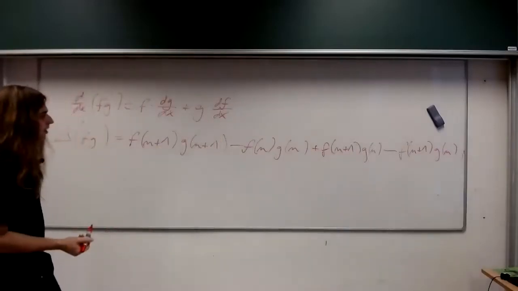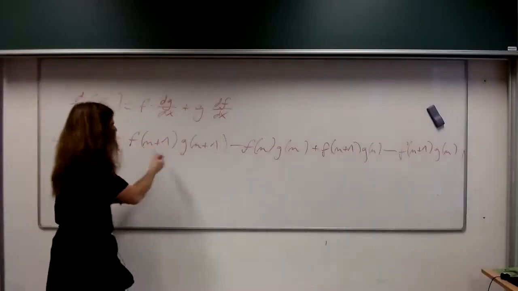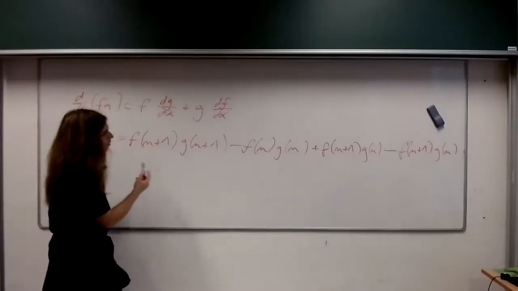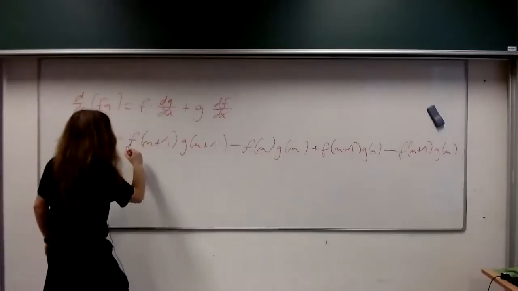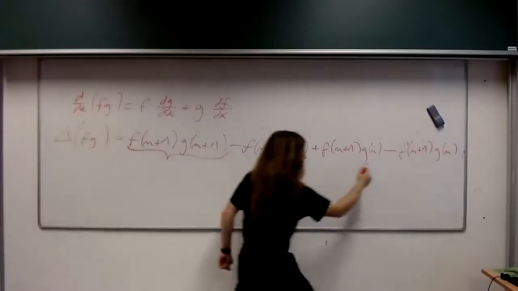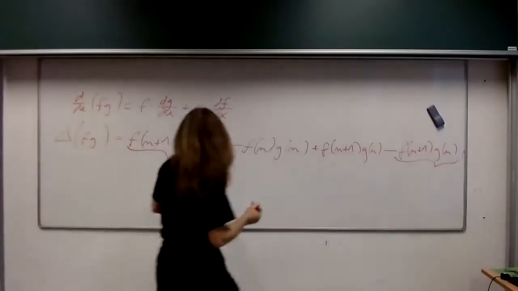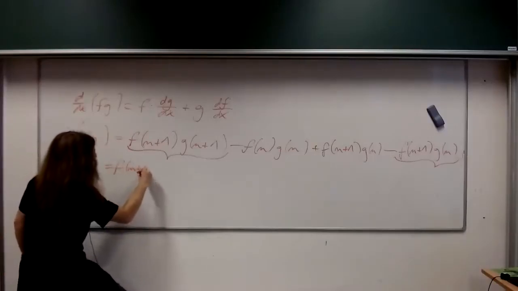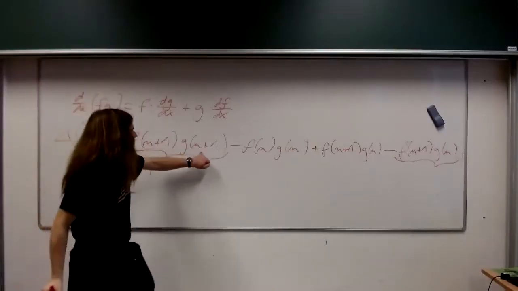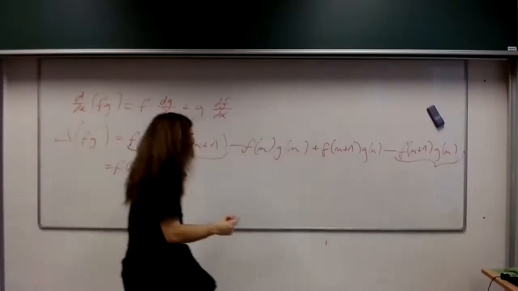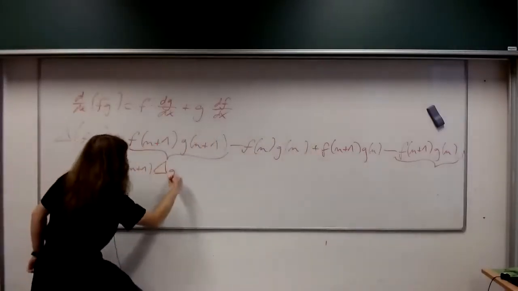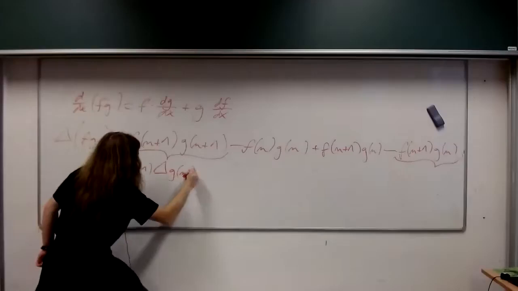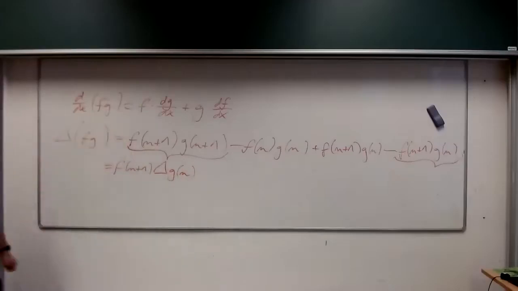So this is the same thing as before, but if we look here and here, then we can take out the f n plus 1, and g n plus 1 minus g n is what remains. So that is the finite difference.